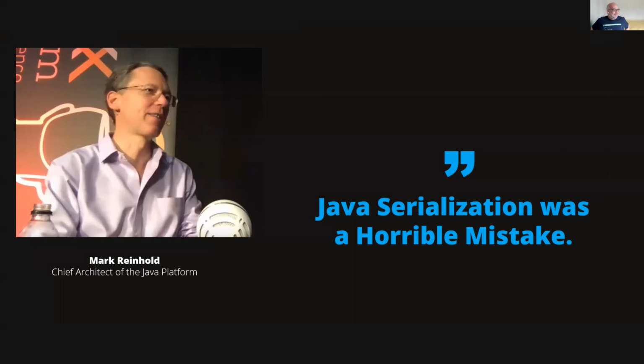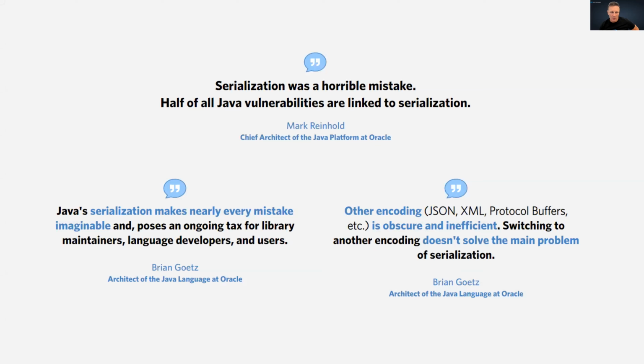And they explain also the vulnerabilities, and it's really incredible. He said also that Java serialization makes nearly every mistake imaginable. And he also has a huge blog where he explains the serialization vulnerabilities in detail.